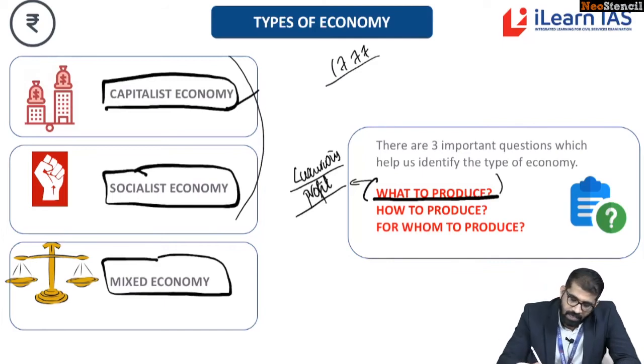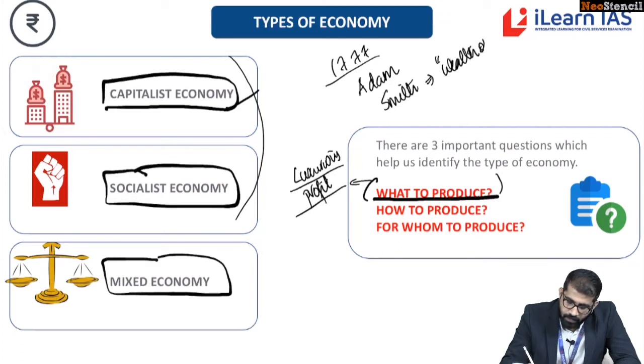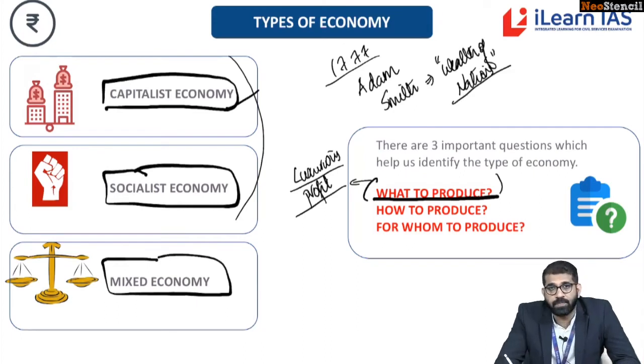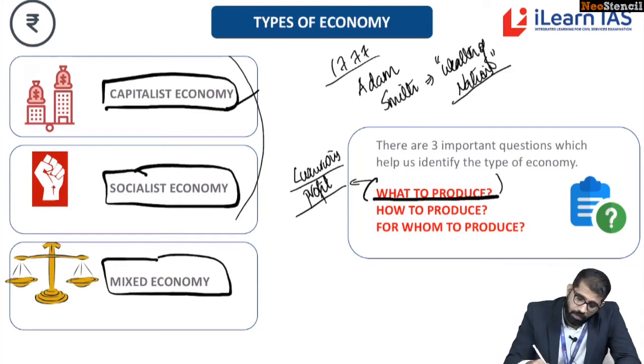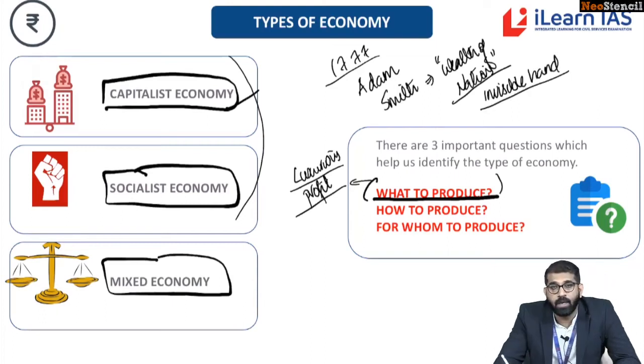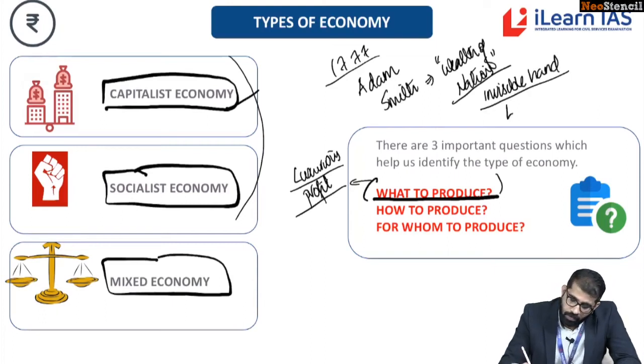And in 1777, the father of economics, Adam Smith, wrote a book known as Wealth of Nations. In Wealth of Nations, Adam Smith spoke about an invisible hand, or he mentioned laissez-faire.